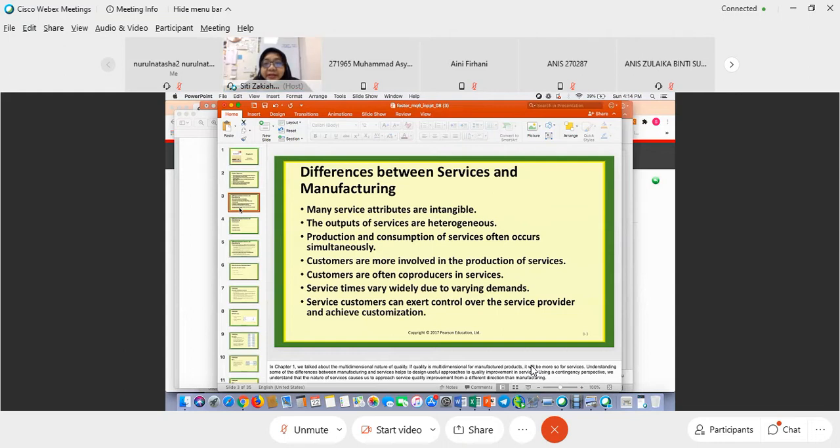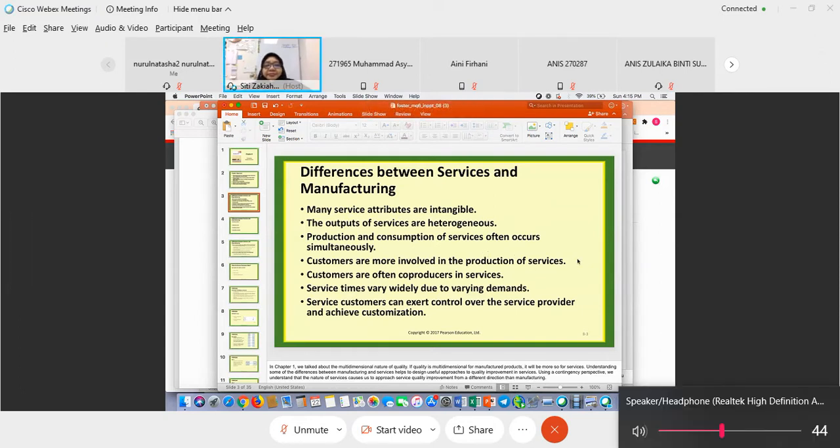service. They are intangible. That means you cannot hold it, you cannot store it, right? And the outputs of service are heterogeneous, right? Anybody wants to explain what does that mean? Heterogeneous. I cannot see your chats now.